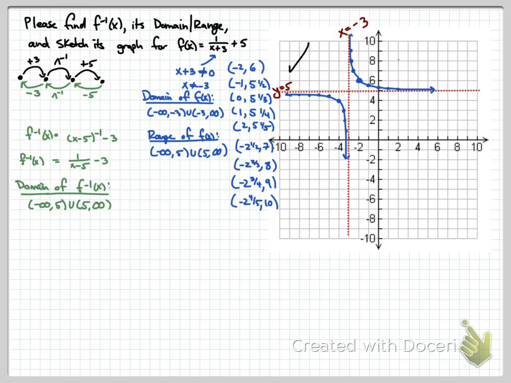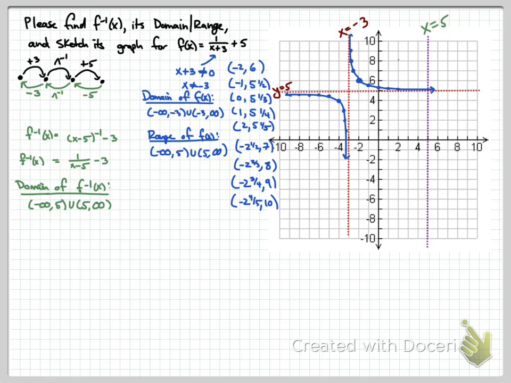If our original had a horizontal asymptote at y equals 5, our inverse will have a vertical one at x equals 5. So I'm going to draw that right there. Let's get that a little bit more accurate. And awesome.